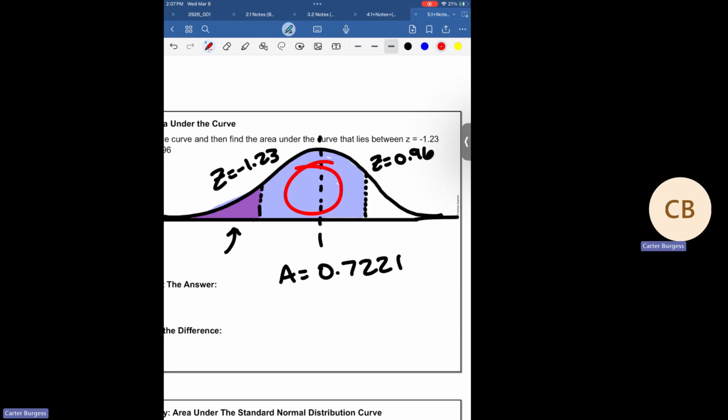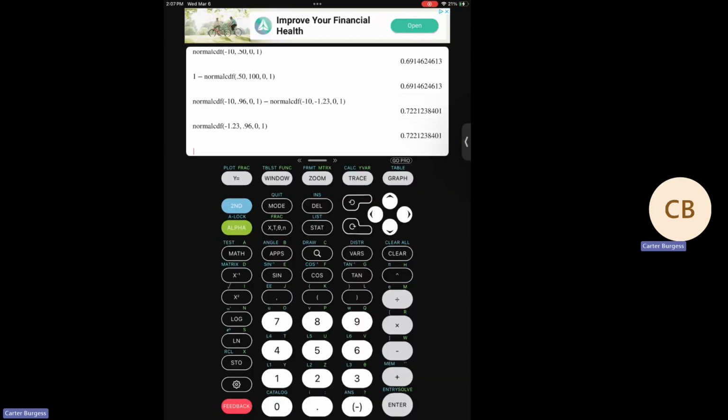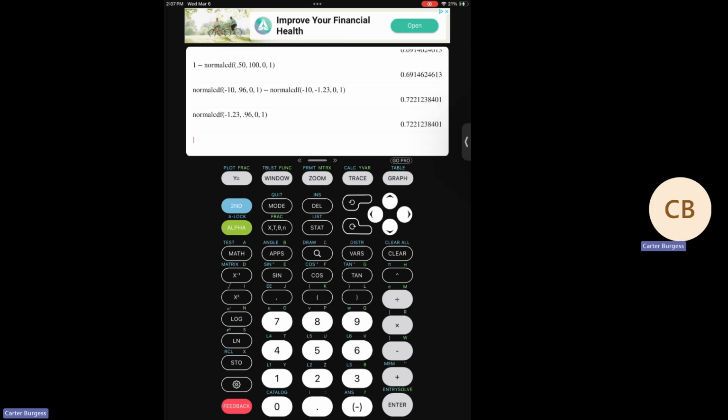No, what's the lowest possible? Negative 1.23. What's the highest z-score? What's the upper bound? So in your calculator, lower bound is the lower bound, upper bound is the upper bound. Yep, that's it.